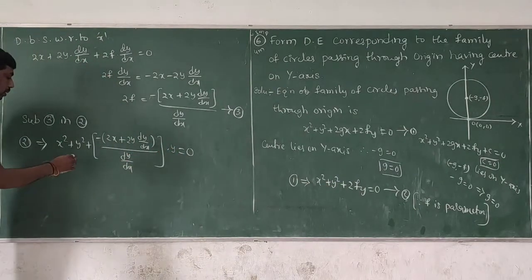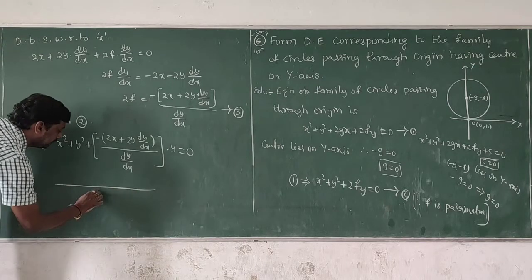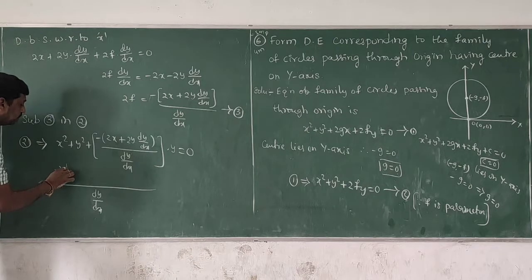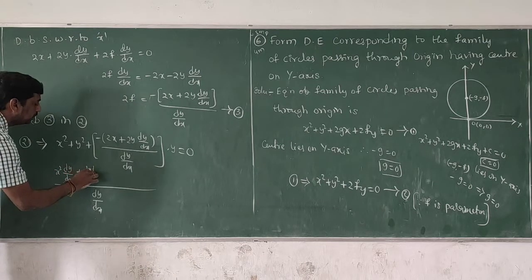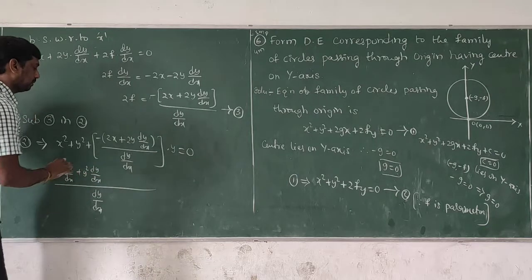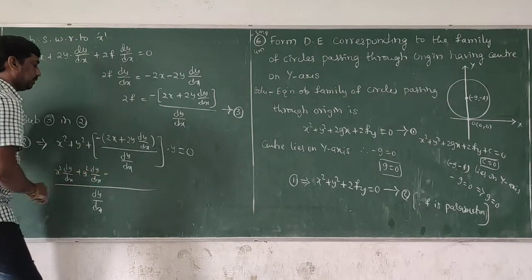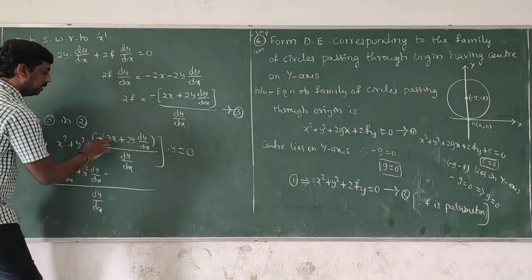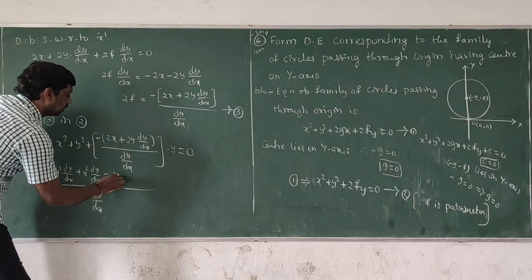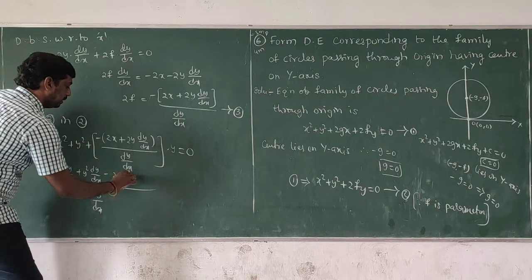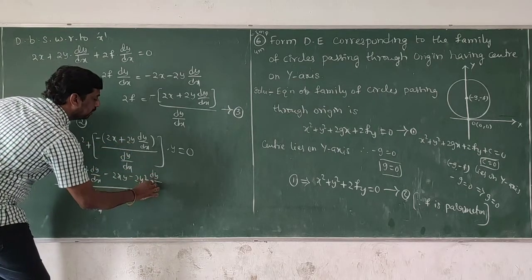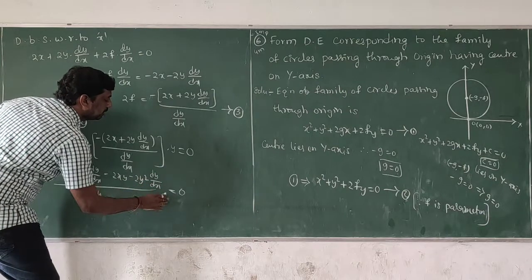Simplify this. Do the LCM. The LCM is dy by dx. So x square into dy by dx plus y square into dy by dx, minus 2x plus 2y into dy by dx, that is minus 2xy minus 2y square into dy by dx, equal to 0.